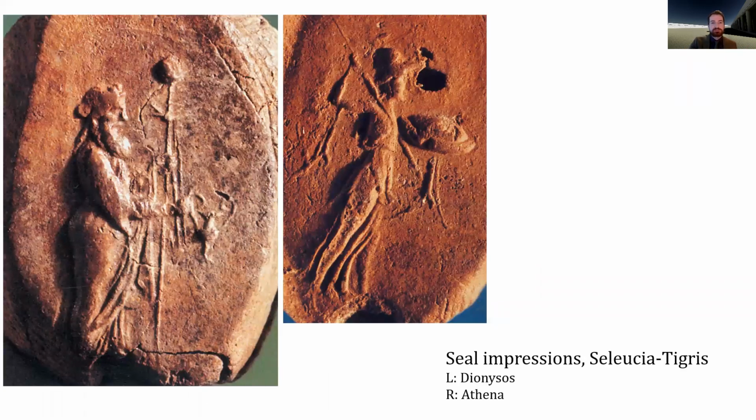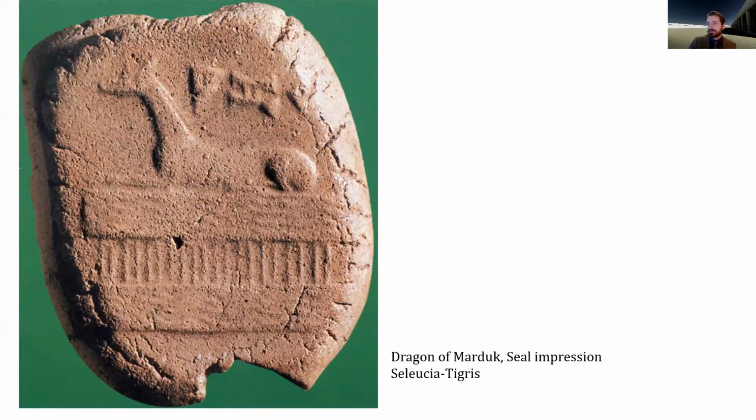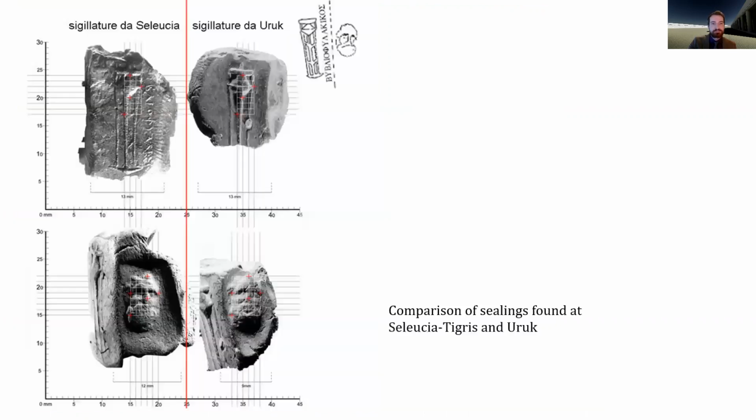And here are just some seal impressions from Seleucia on the Tigris. We have Dionysus and Athena. Here we have Artemis and Apollo Nabu. And here is another seal with the dragon of Marduk associated there. And one really interesting thing is that a comparison between the seals that were found in Uruk, as we talked about however long ago now, and the seals found at Seleucia on the Tigris are exactly the same.